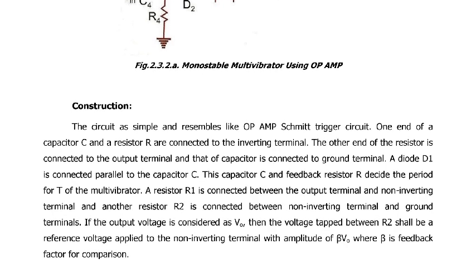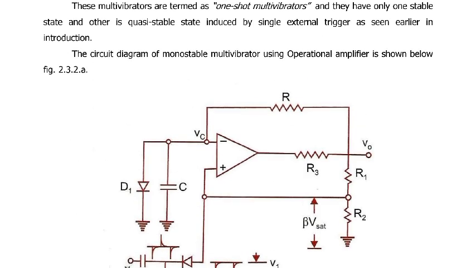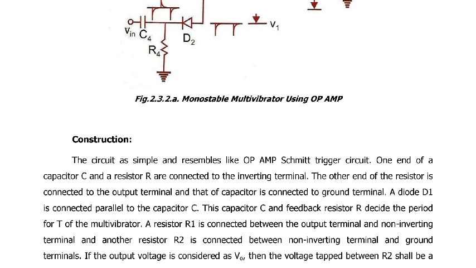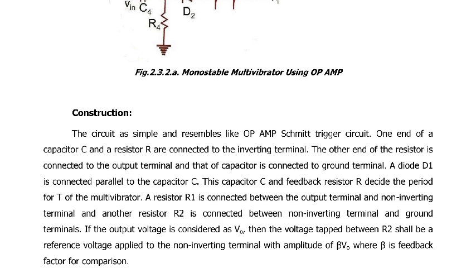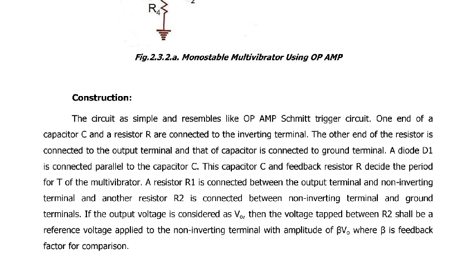A resistor R1 is connected between the output terminal and the non-inverting terminal. This is the output terminal, and this is the non-inverting terminal. R2 is connected between the non-inverting terminal and ground.